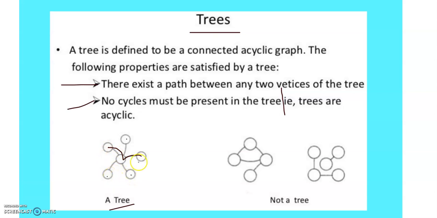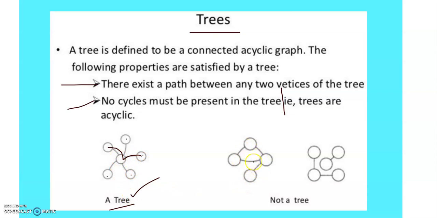Similarly, no edge here, no edge here, so here no cycle. That is, trees are acyclic. A tree should not contain any circuit, should not contain any cycle. That is a tree.